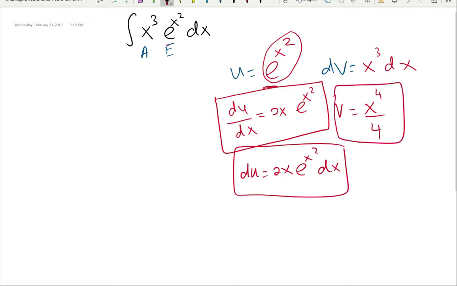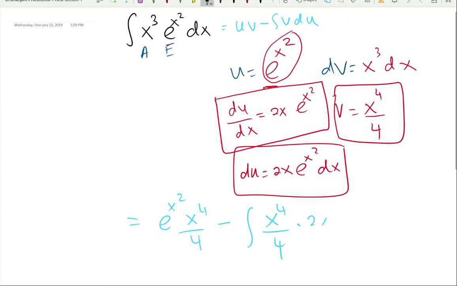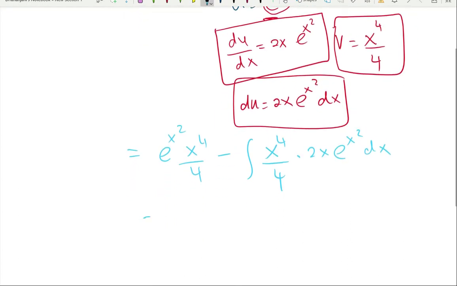So we have every tool we need to use integration by parts. Let's go ahead and use the formula: uv minus the integral of v du. So u is e to the x squared, v is x to the 4 over 4, minus the integral of x to the 4 over 4 times du, which is 2x e to the x squared dx. Now I want you to focus very carefully here.